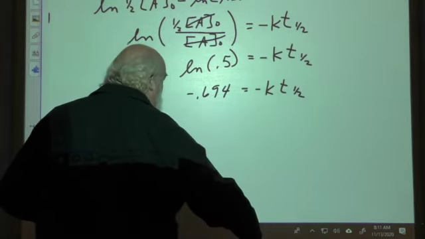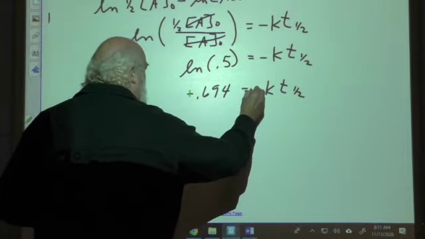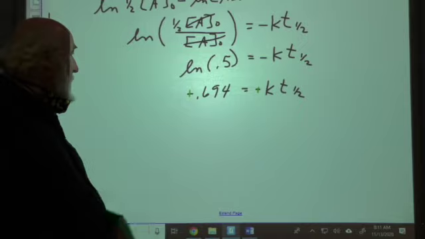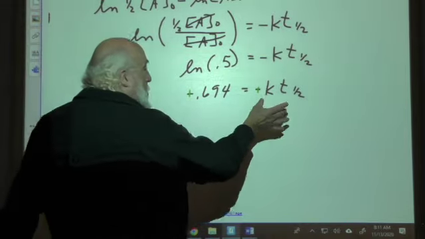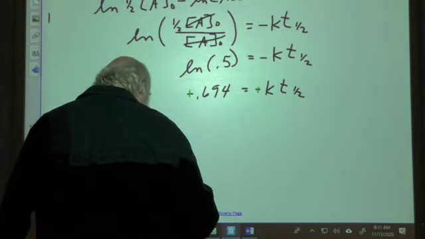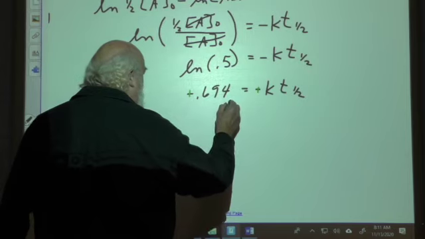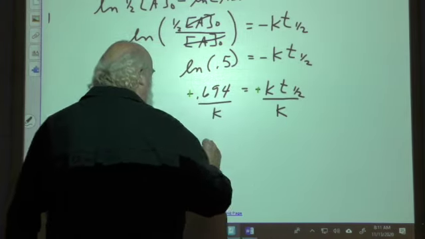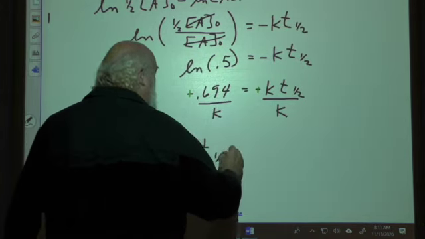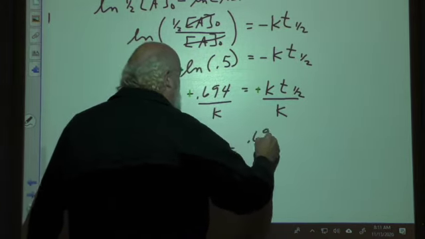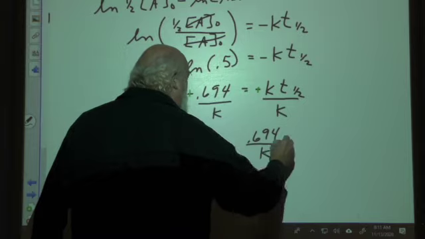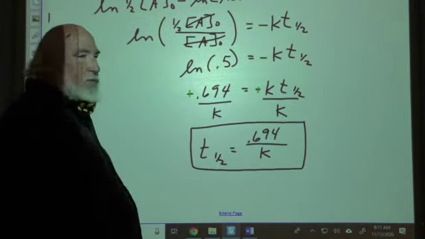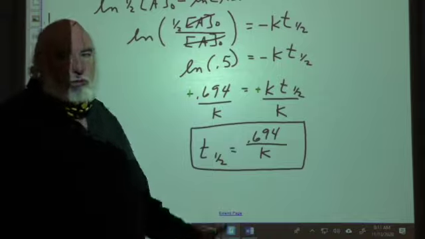You also notice that we have a negative on both sides, so they both will become positive as we pretend like we're multiplying both sides by -1. Again, the whole point of this is to get T 1/2 by itself. So we divide both sides by k. And you get T 1/2 equals 0.694 over k. And that is your equation for half-life that you can put into your chemistry toolbox.